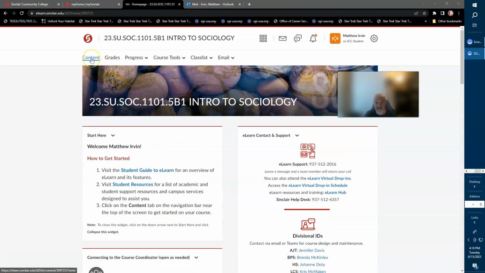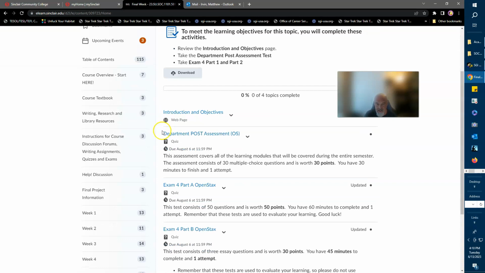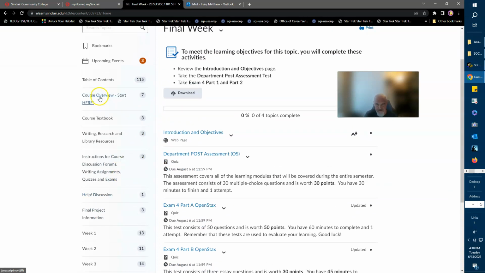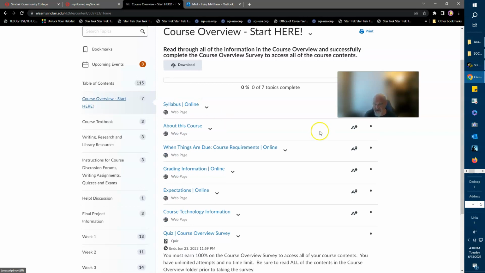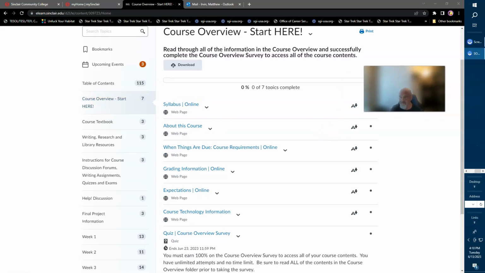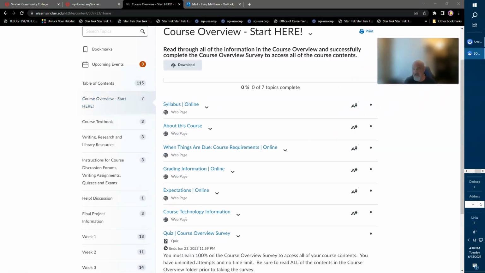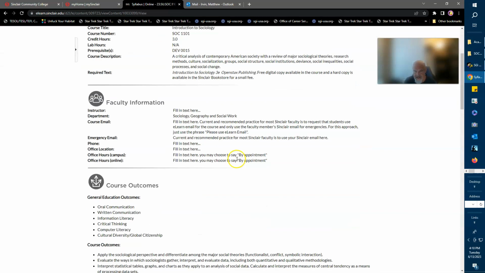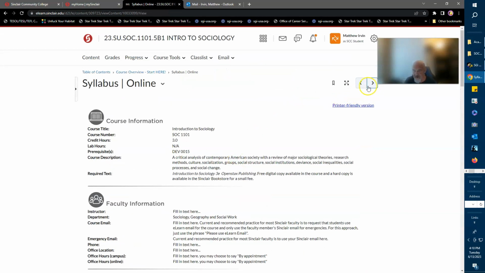Basically, you go over here to where it says content. Okay, and I'm going to go back up here where it says course overview. Start here. You're going to see some documents here: the syllabus, and I need to correct some information there.